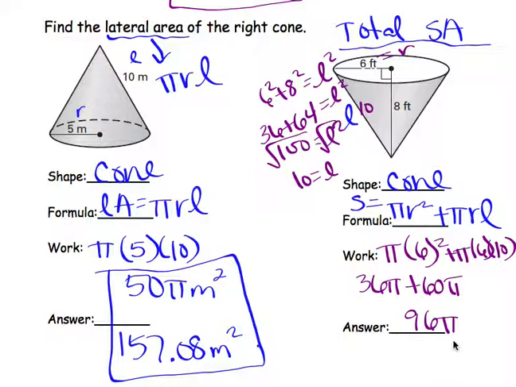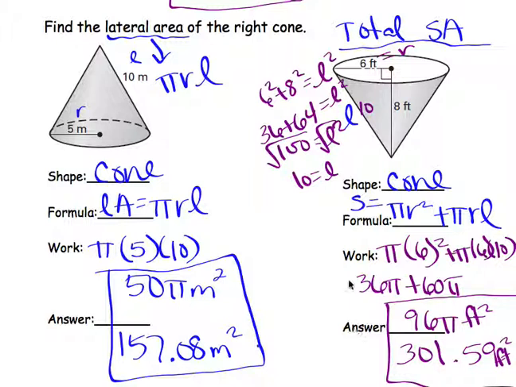And of course, you can put this in the calculator, 96 times pi, and get 301.59 feet squared, and there it is for the total surface area. So that's lateral area of a cone, surface area of a cone, and also the surface area of the pyramids.